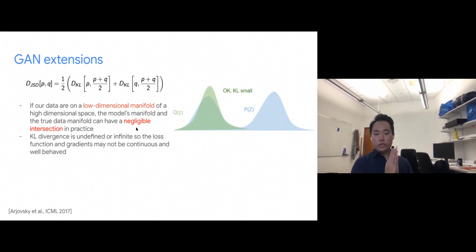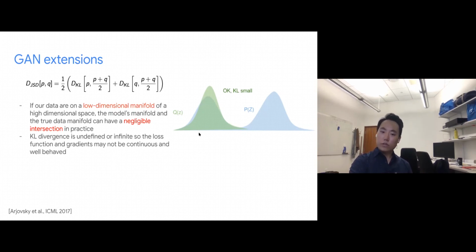But the issue here is that if my data is in really high dimensional space and my data lies on some low dimensional manifolds, then just starting with Z and just relying on gradient-based methods to get Z to a region of high support for Q and P is really difficult. The true data manifold and my generative model's data manifold can have negligible intersection in practice.